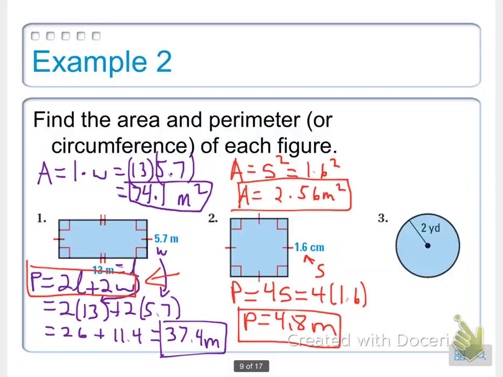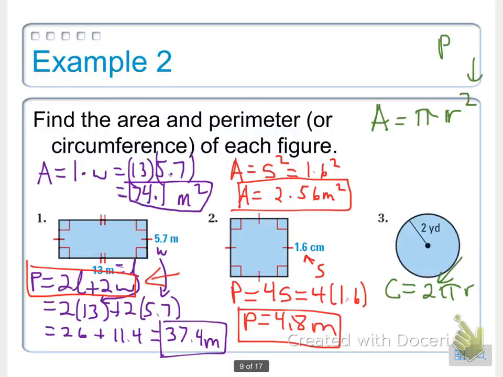Okay, and then we've got the circle here. So circle, the area formula for a circle is pi r squared. Do not mix it up with, whoops, I just mixed it up. That's the area I'm supposed to do of a circle. The circumference of a circle is 2 pi r, and this 2 is times 2.